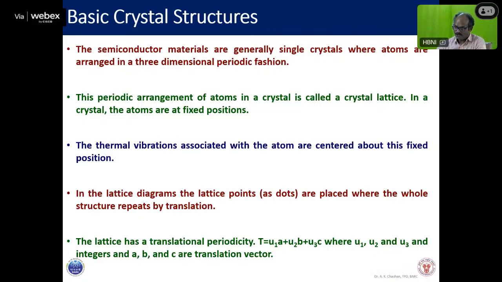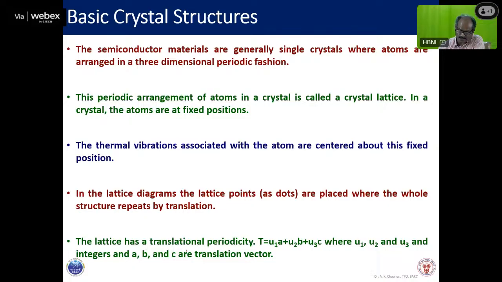Then the structure is repeated by translation. Lattice means a set of imaginary points arranged in a certain fashion, and then you fix a basis, which can be a molecule or atom, and repeat it with a certain translation in all x, y, z directions.